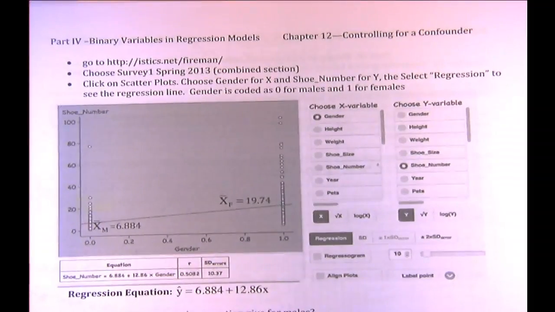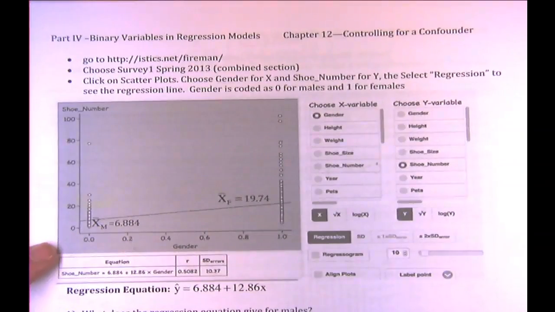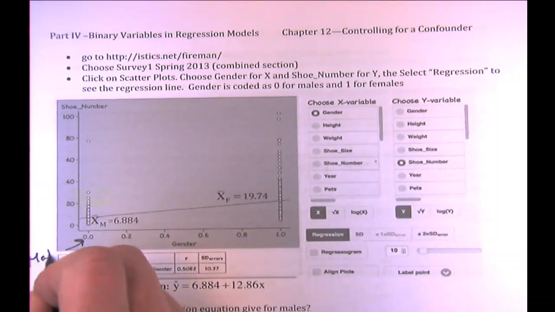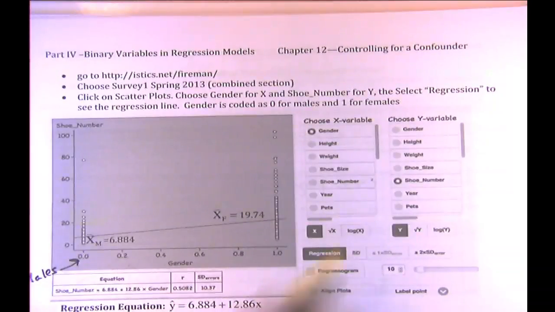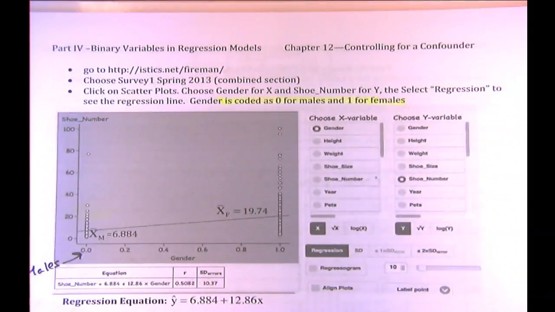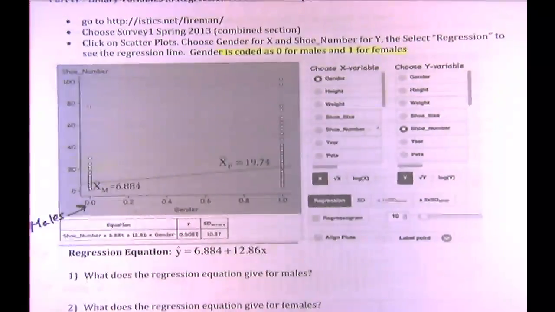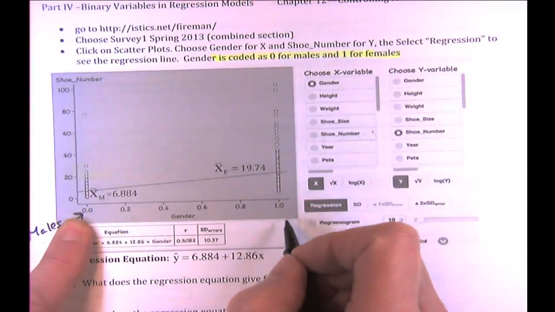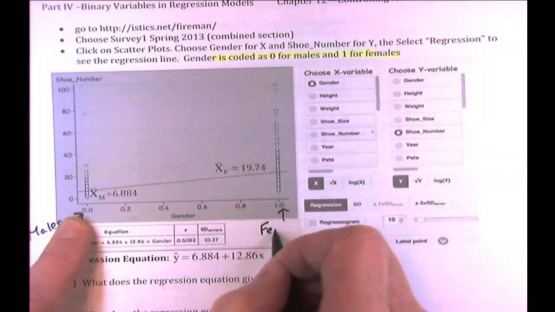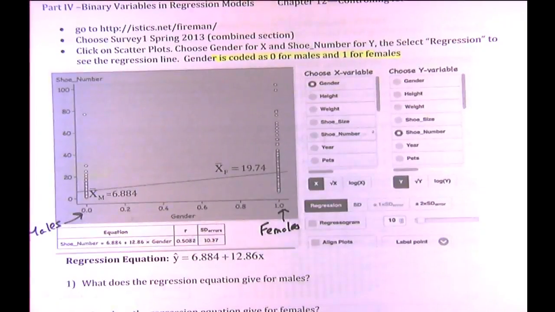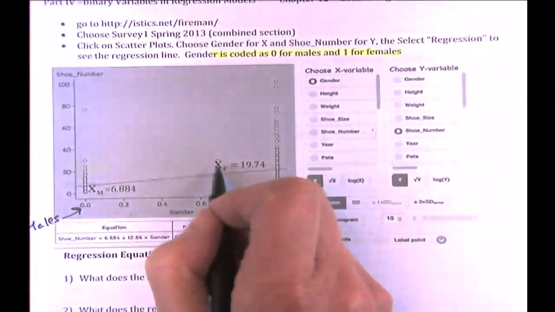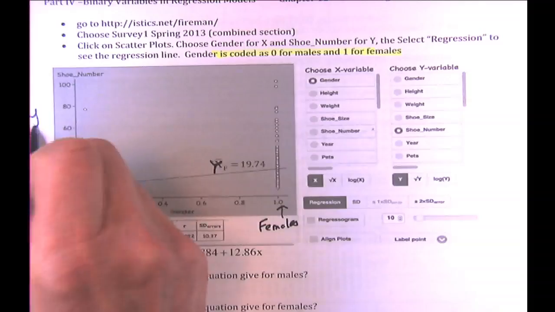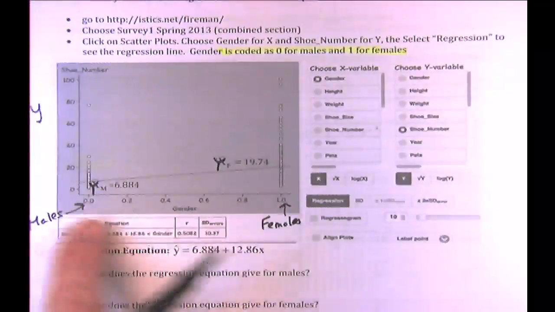All right, so here's the same plot, and here is gender, and these are the males, only because I coded them that way. We're going to reverse the coding and see what happens, but for now, let's leave it this way. Males are 0, and females are 1. Now, these are all the females, and their average, I should have put a Y here, this is Y, the shoe number, and this is X, whether you're male or female.